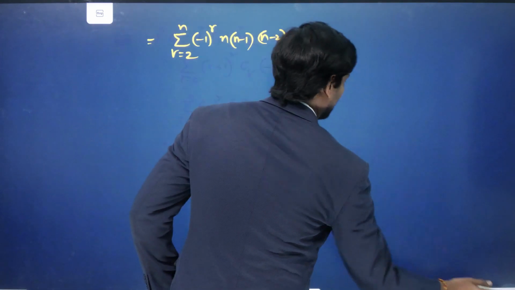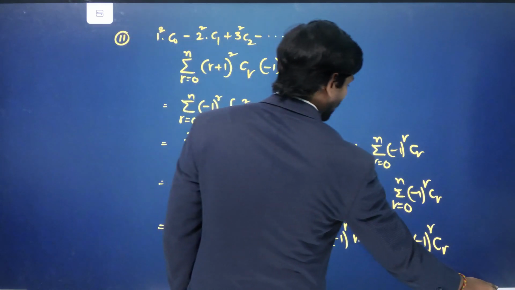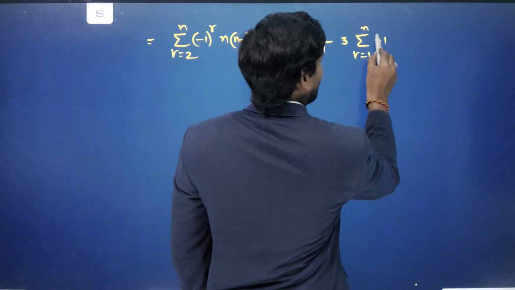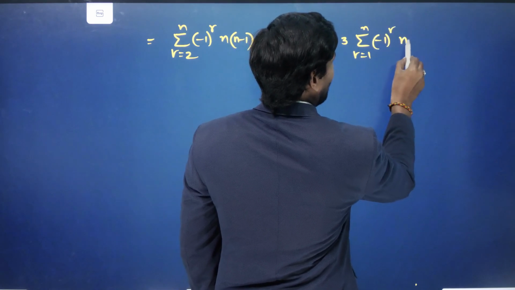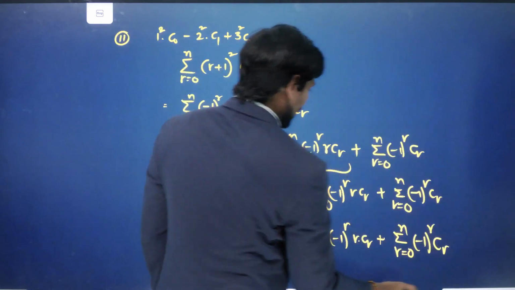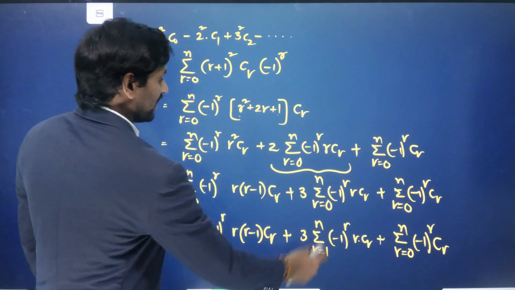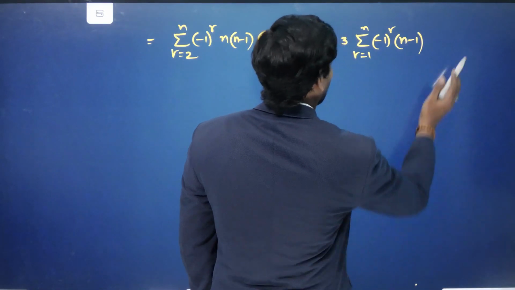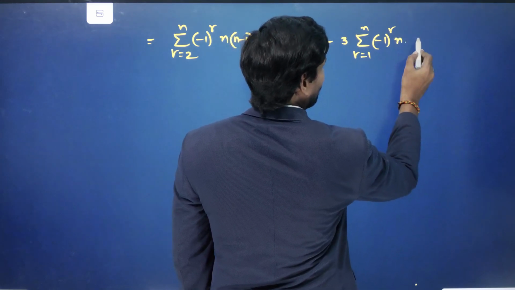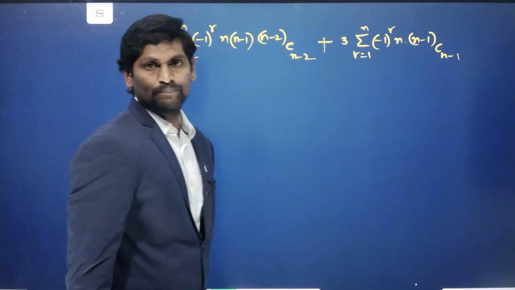So this one we can write it as 3 into this one, minus 1 power r, sigma r equals to 1 to n, minus 1 power r, we can write n into n minus 1, right? Here r term will be there, no? We can write this one n into C1, that means n minus 1 C n minus 1 we can write, okay?